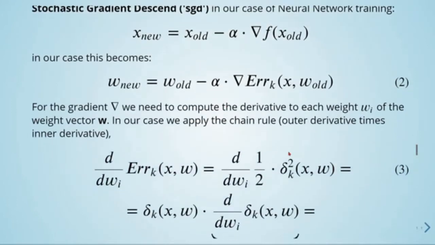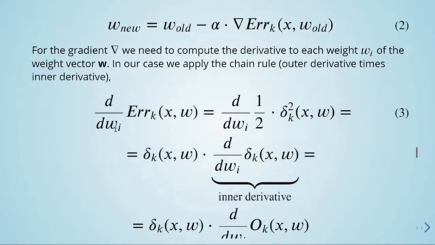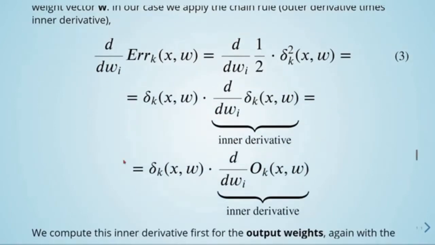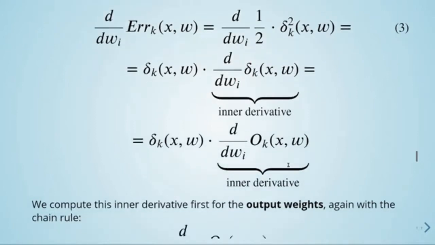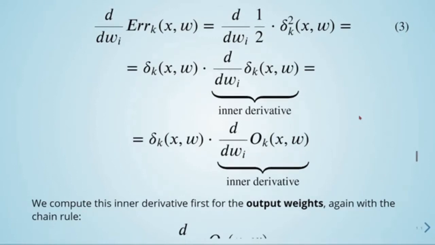So in our case, we can apply the chain rule, so that the outer derivative times the inner derivative, and after these manipulations here, we get these equations. This delta and the derivative with respect to the weights. Then we have this delta k, and here we have the derivative with respect to the weights, and here's the output.